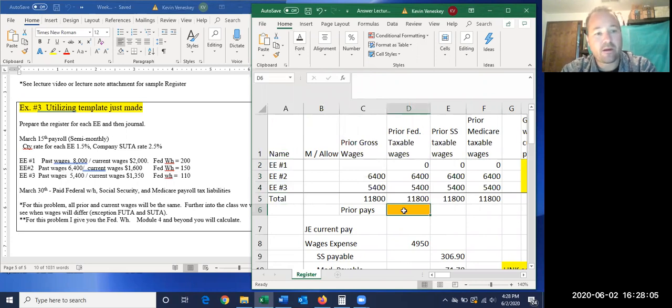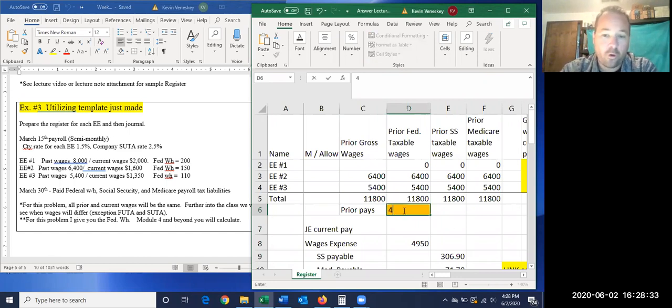Prior pays: if we are at March 15th, that means we've been paid in January. Actually, not January 1, sorry. You get paid for January 1 through the 14th on the 15th, you're paid on the 31st, you're paid February 15th and February 28th, and now we're on the fifth pay, March 15th.